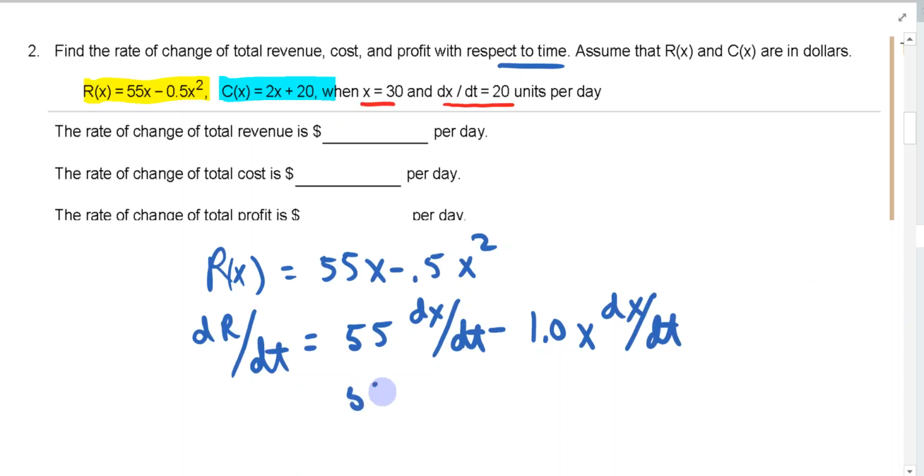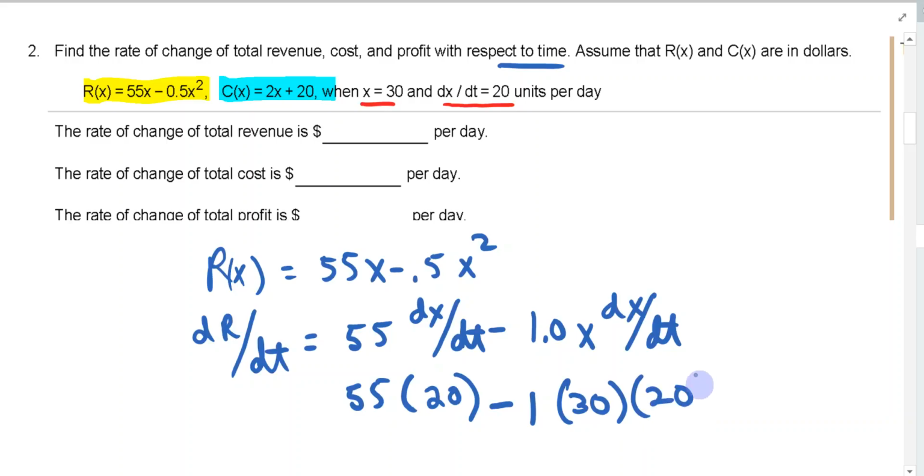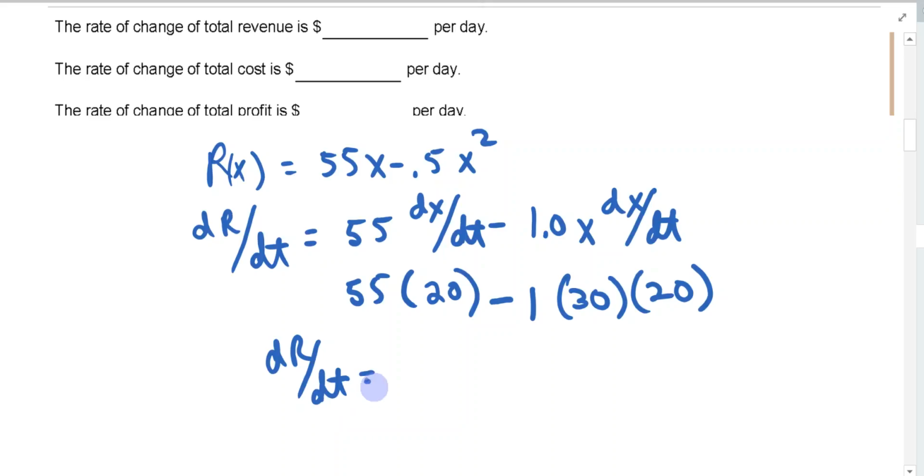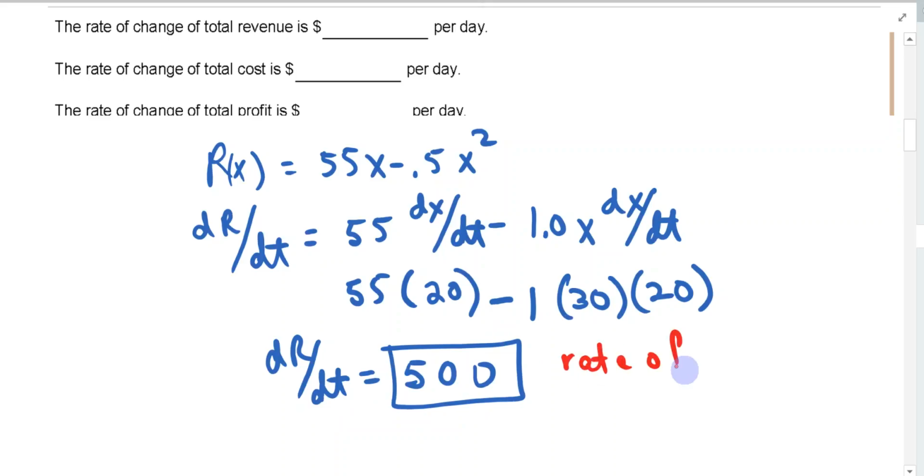We have 55 times 20, because that is dx/dt, minus 1, x is 30, dx/dt was 20. So 55 times 20 minus that, and we should get 500. So dR/dt is 500. That is the rate of change of the revenue.